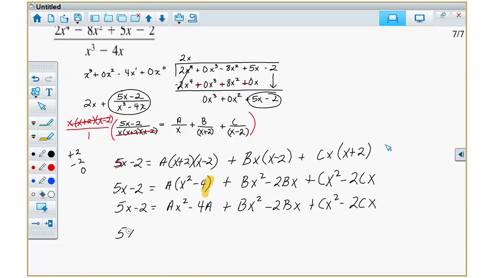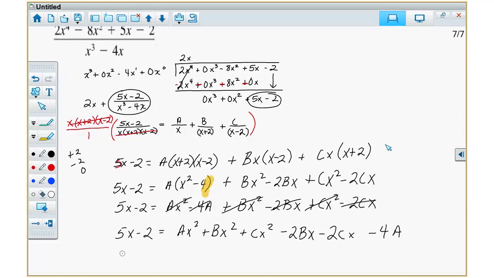5x minus 2 is equal to, get all your x squareds together. That's going to be ax squared plus bx squared plus cx squared. And then get your bx's together and your cx's together. Minus 2bx minus 2cx minus 4a.